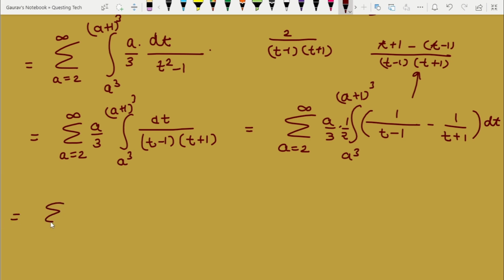Now we have a simple integration here. a divided by 6, and the integration of 1 over t dt is ln t. I have explained these in my previous videos on this channel, so you can watch after this video. Okay. So this is ln of t minus 1 minus ln of t plus 1, from a cube to a plus 1 cube.